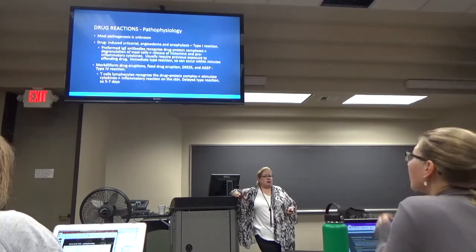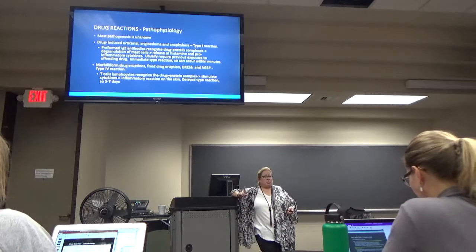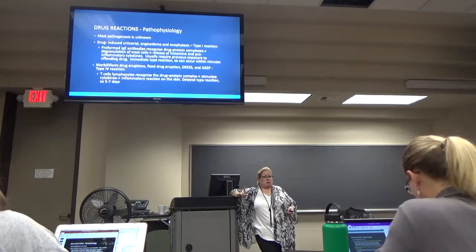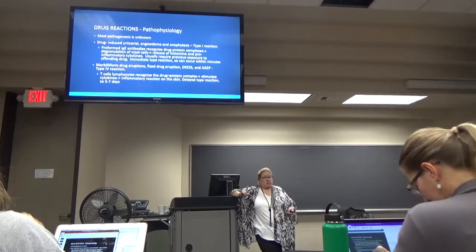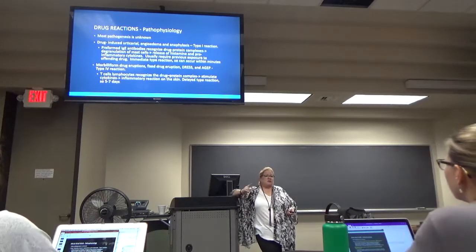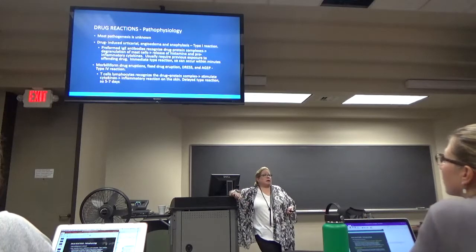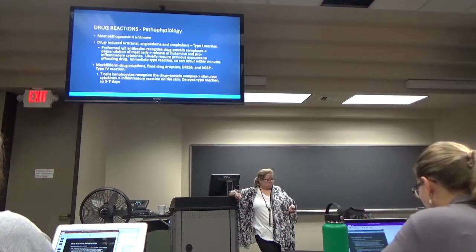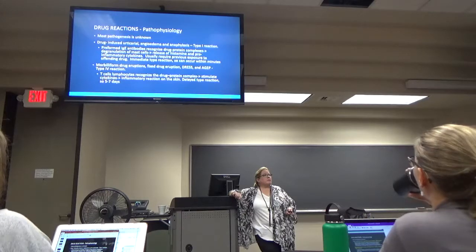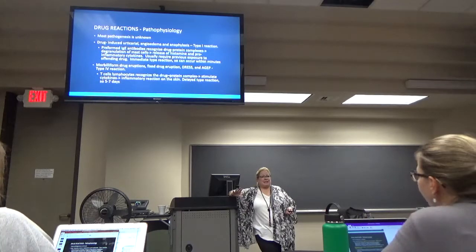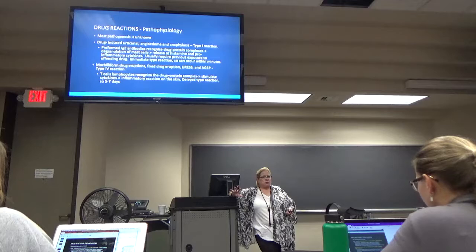So this isn't going to happen the first time you are exposed to the offending medication. It's going to be the second or later times. And IgE antibodies are the antibodies associated with this.